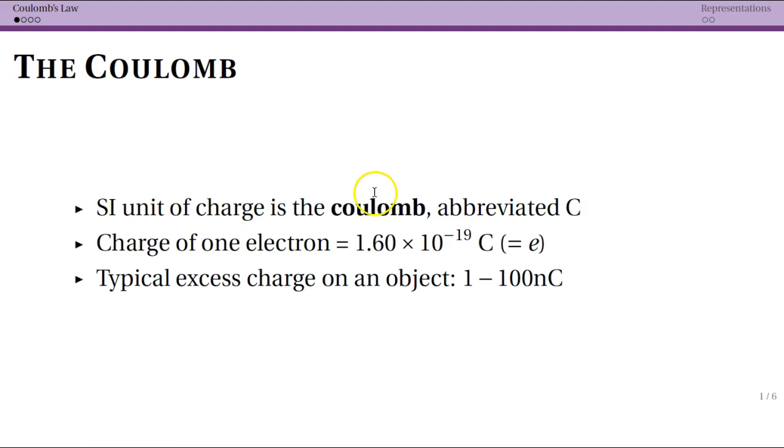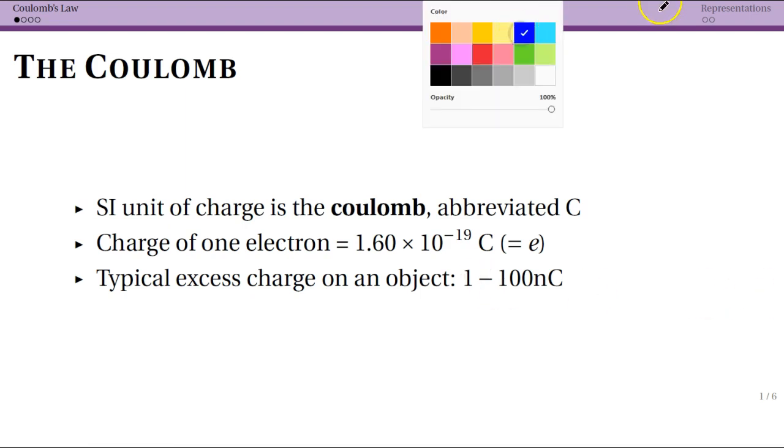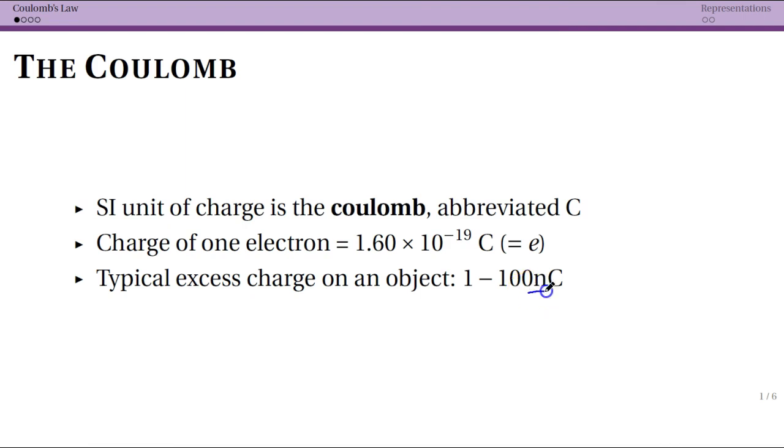Now, typically, if we talk about a charged object, the excess charge we're going to be talking about is 1 to 100 nanocoulombs. Now, what you might remember is that a nanocoulomb is 10 to the negative 9 C. So if you have a calculation and you calculate that the charge on a balloon is 10 to the negative 10 C, 10 to the negative 8 C, that's all reasonable.